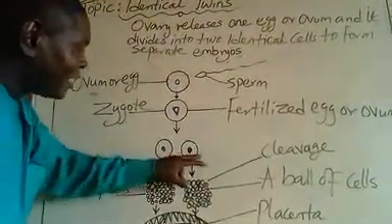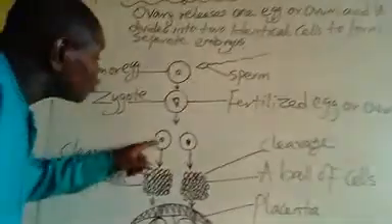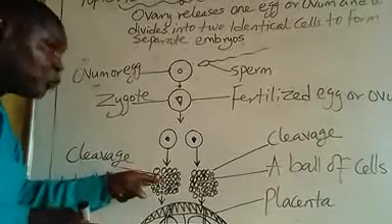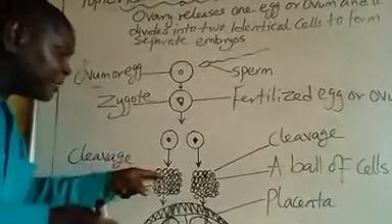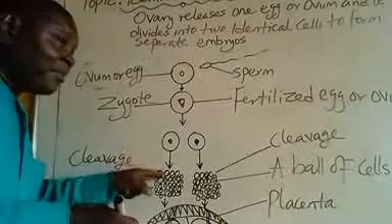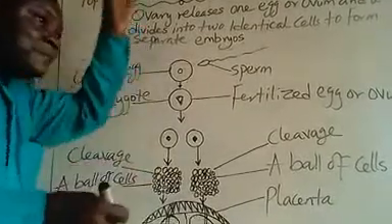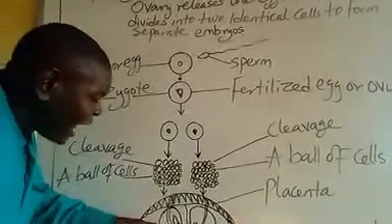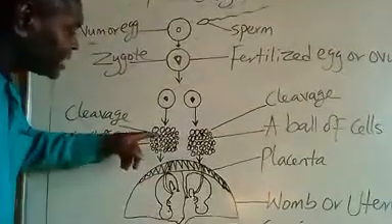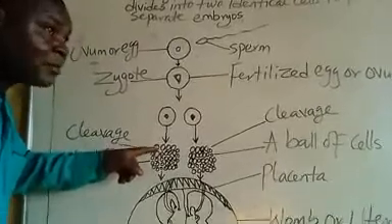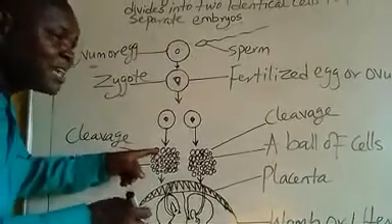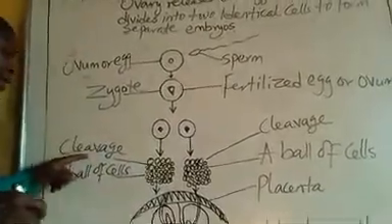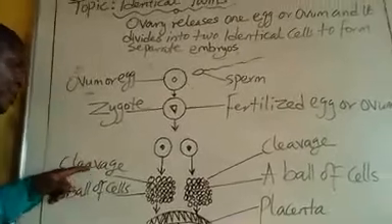One is here and the other one is here. Now this one will also split into two, from 2 to 4, from 4 to 8, from 8 to 16, from 16 to 32, etc. From there, we could have a baby here. This splitting of the original cell into smaller cells is called cleavage.